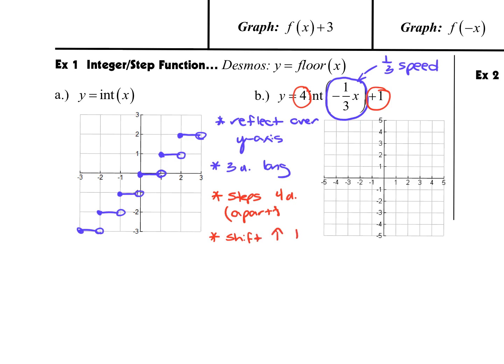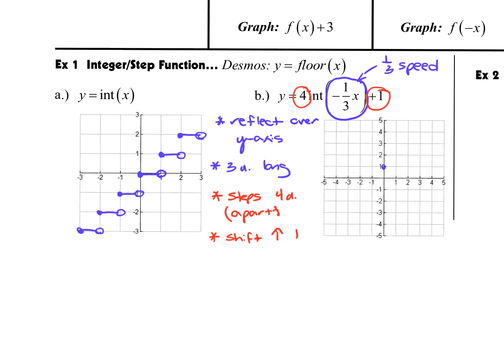So I like to start with my first step. I know instead of going to the right, it needs to reflect over and go to the left. So the first step is going to go to the left and it's going to be 3 units long. So I'm thinking of a step that's going to look like this. Now, I know my step is supposed to be shifted up 1. So instead of having my first step here, my first step is going to be right above that.